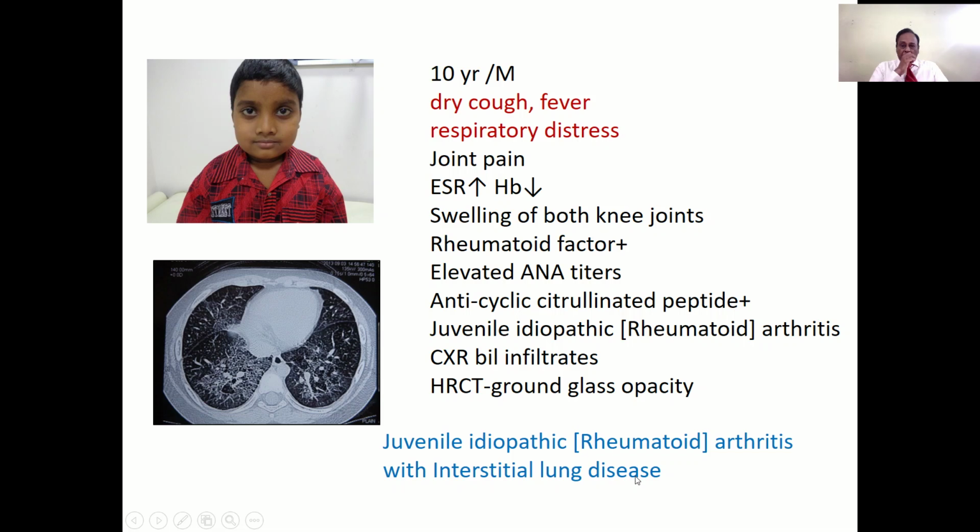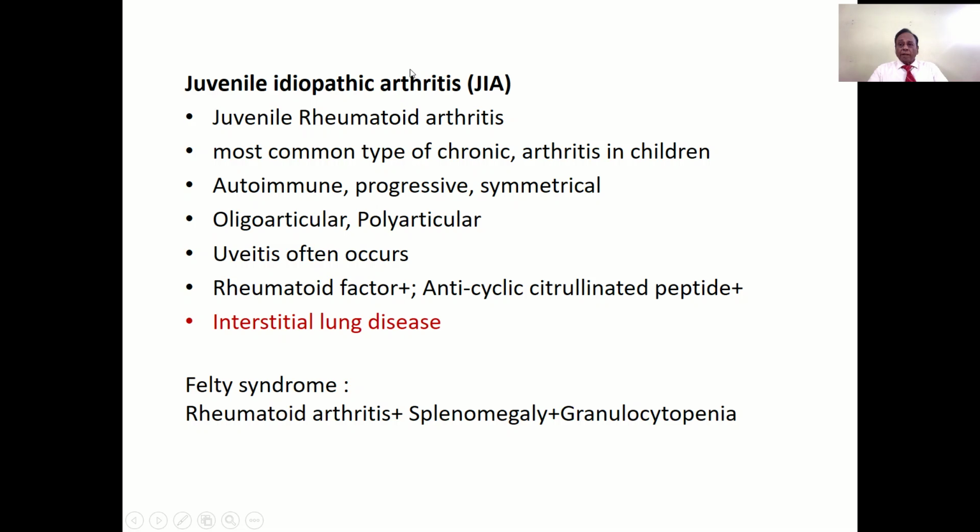Among all the connective tissue disorders, rheumatoid arthritis is the one found in childhood to go on to interstitial lung disease. A few points about juvenile idiopathic arthritis. Originally it was called juvenile rheumatoid arthritis, and it is the most common type of arthritis in children.